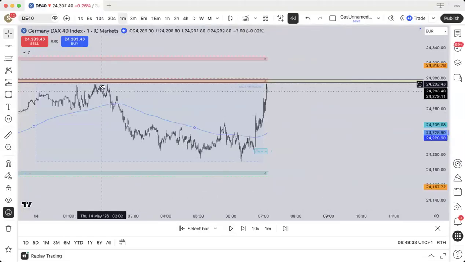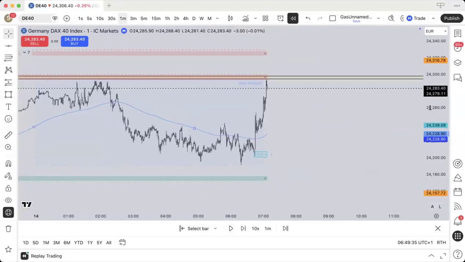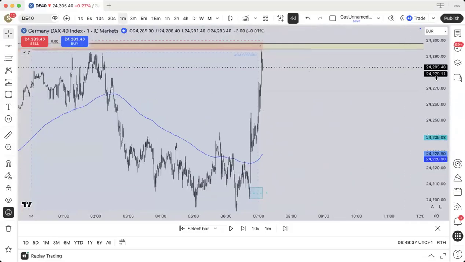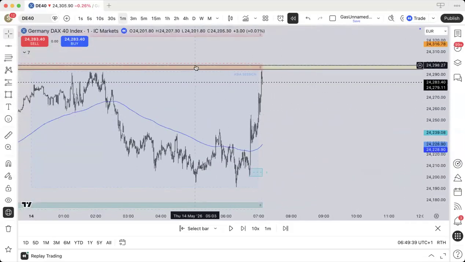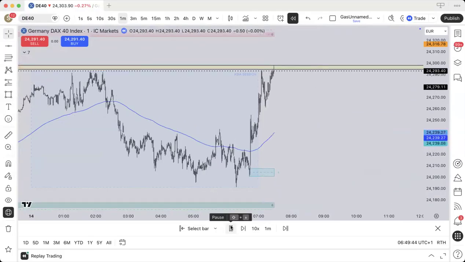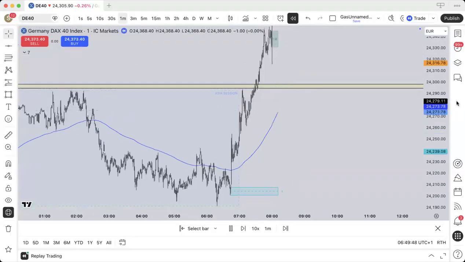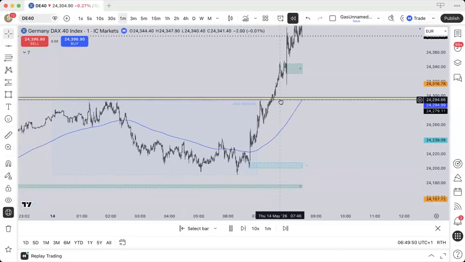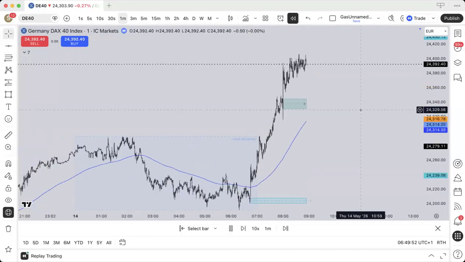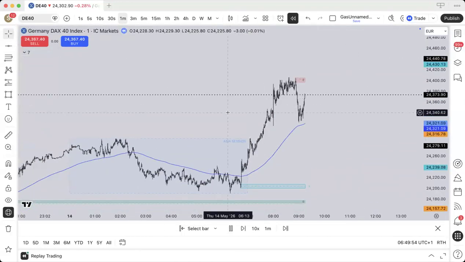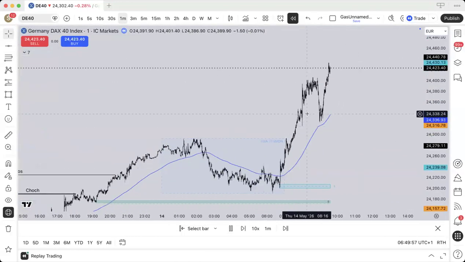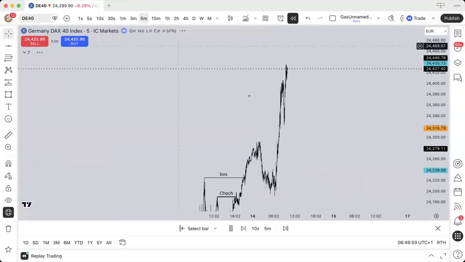So again, it's done a nice little sweep of liquidity, in my opinion. So I would still trade that only because it's had the sweep of liquidity, but that would have been a losing trade anyway. So that's why we don't take it. Right, let's go back onto the 5.